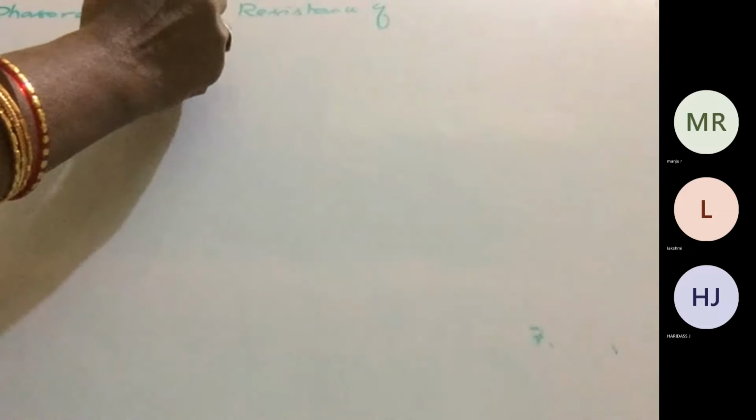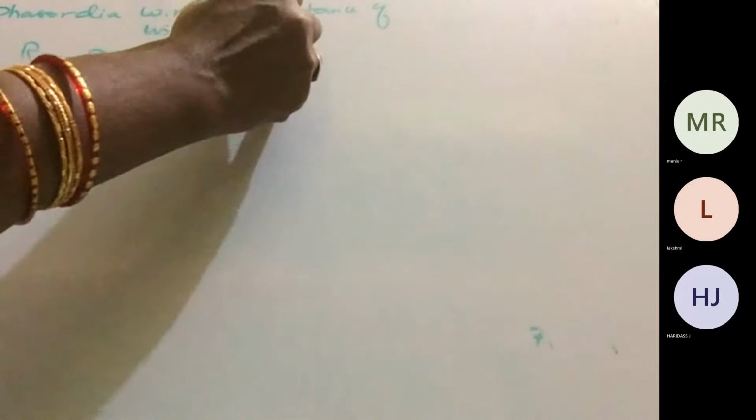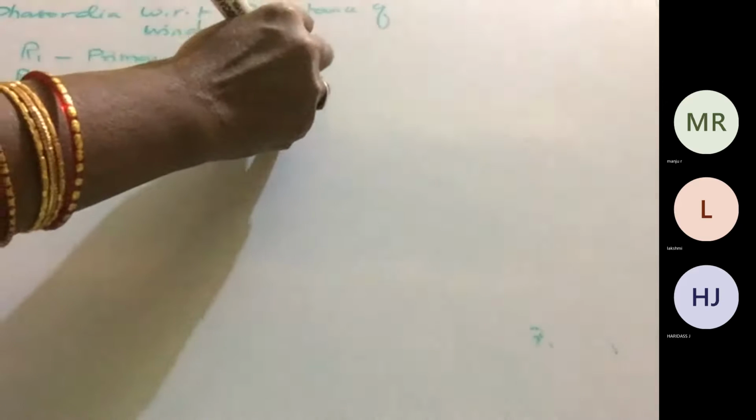Now we take the phasor diagram with respect to the resistance of the winding. R1 is the primary winding resistance and R2 is the secondary winding resistance.